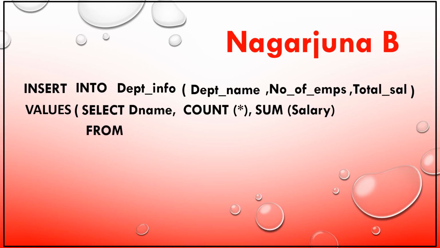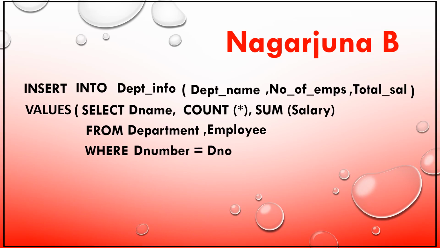Now, since this information is present in two tables, we need to write both tables, department, comma, employee. Then specify the condition WHERE Dnumber = Dno. Dnumber is present in the relation department and Dno is present in the relation employee.